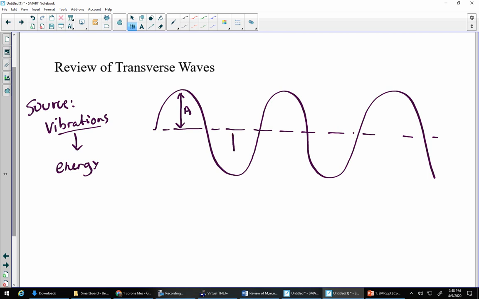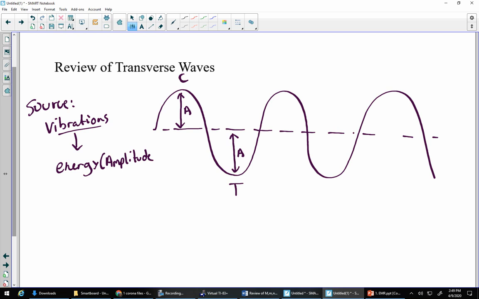So energy is represented by the amplitude. Amplitude is from our equilibrium or resting position to the top of a crest or the bottom of a trough. Now you might be wondering, what's a crest and what's a trough? Crests go above and troughs, you remember, go below our equilibrium position.